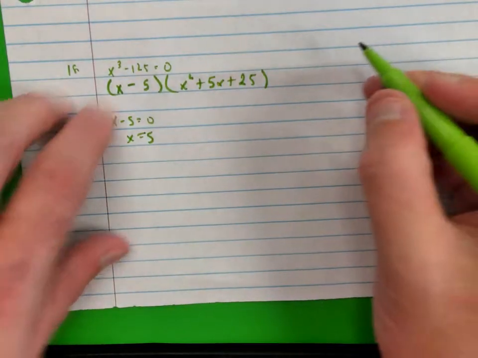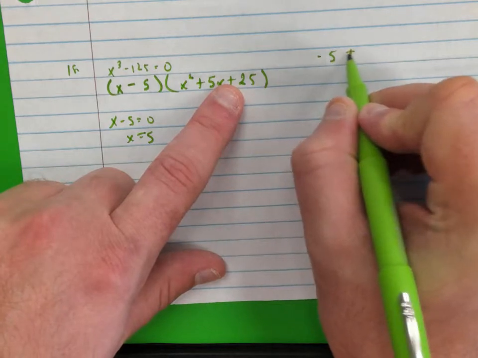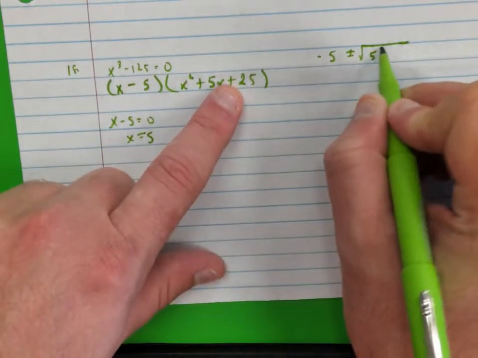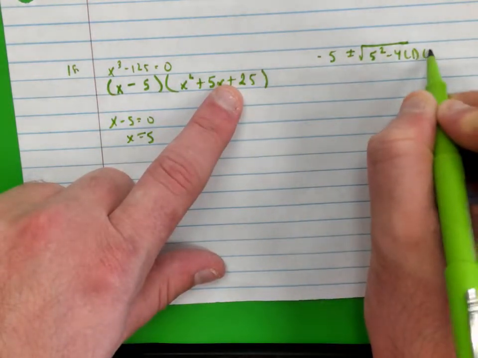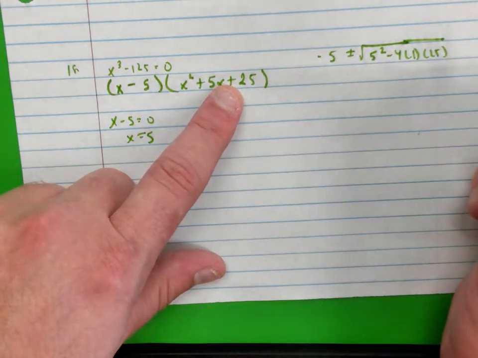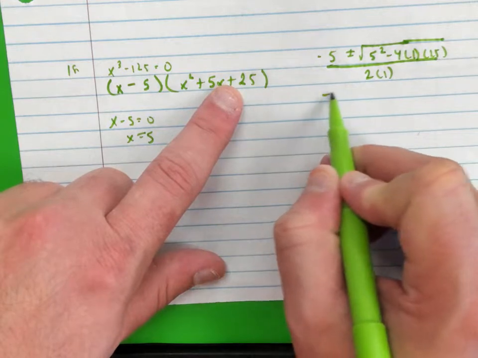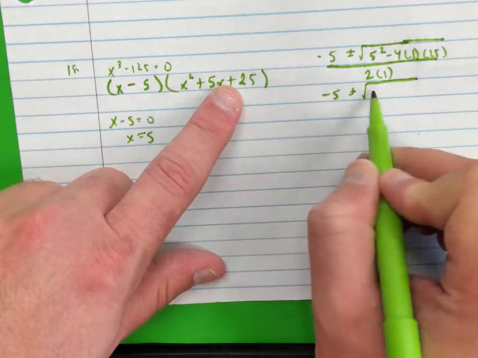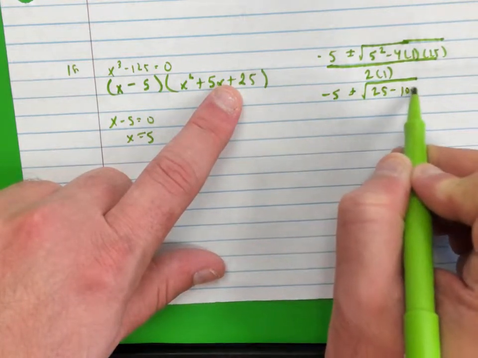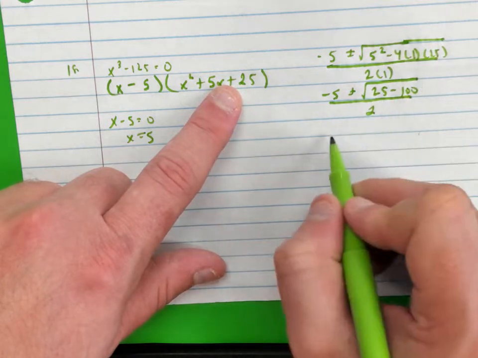No. So opposite of b, plus or minus 5 squared minus 4 times 1 times 25, all over 2 times 1. 25 minus 100 over 2.